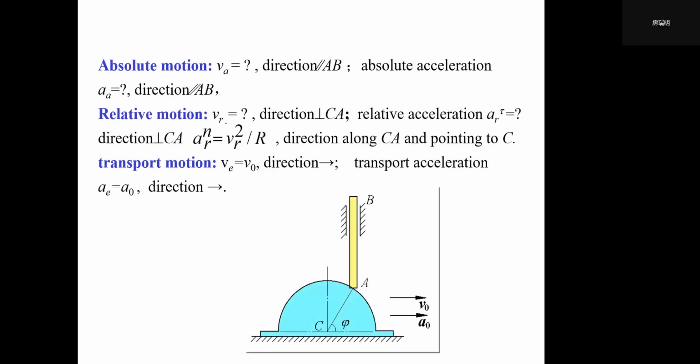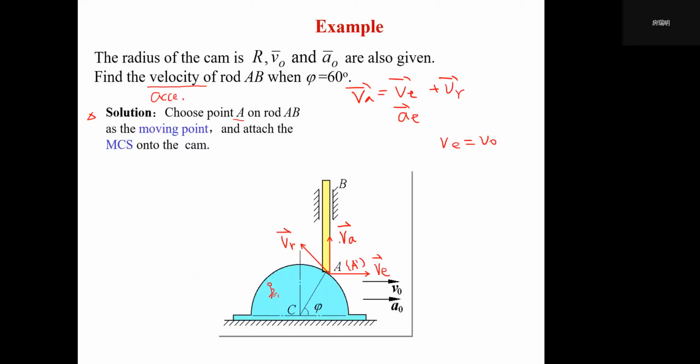Actually, we have finished all the analysis. The absolute motion is along the vertical line AB, and it will have an upward direction. We come back to the page, so I do not need to draw this picture again.